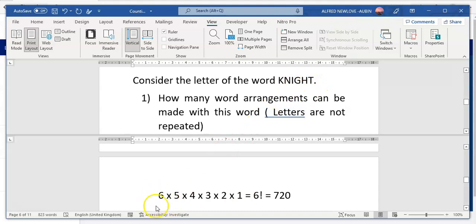So the first space, any of these 6 letters can fill this here. It can be K or N. Or in probability means what? Plus. So it can be K or N or I or J or H or T. So how many K's do we have there? 1.